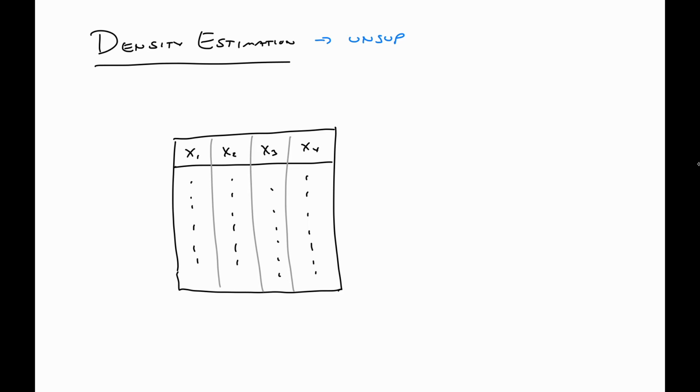Ultimately, what we want to learn, and honestly, if we could just do this, we wouldn't even need all these more specific tasks, but this is hard, so this is why we don't necessarily do it directly. What I want to do is say, well, I'm going to model this by 4 random variables, x1, x2, x3, and x4. And the thing I want to learn is their joint distribution.